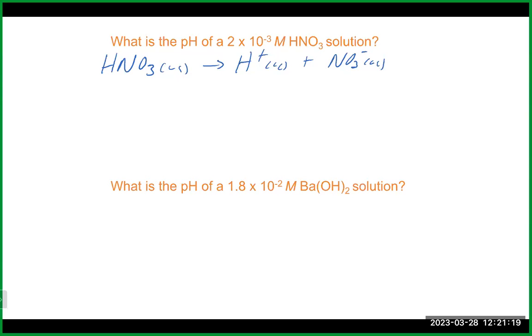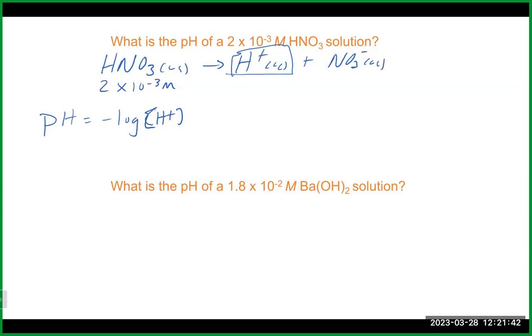Now, because we are interested in the pH here, we also know that the pH is equal to the minus log of the H plus concentration. That means it is the H plus concentration that we need to figure out. We do know that this is 2 times 10 to the minus 3 molar.